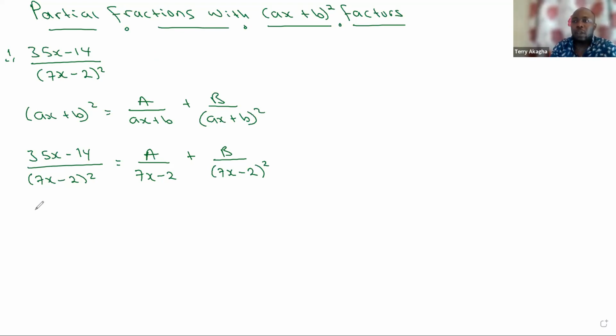So it's going to be 35x minus 14 over 7x minus 2 squared multiplied by the denominator.